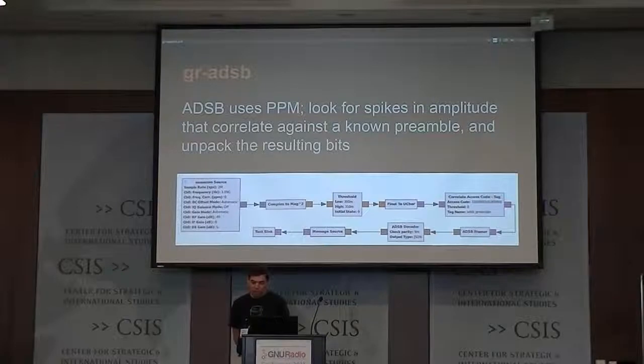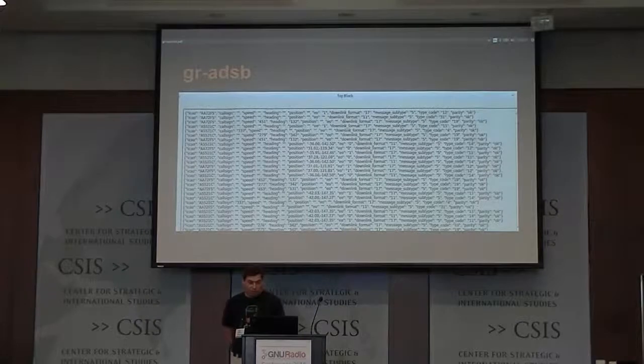You can also then tap the output of the correlator and trigger on the ADSB preamble tag, and then you get a nice little graph of the bits that only refreshes when a valid message comes in. And that looks sort of like this.